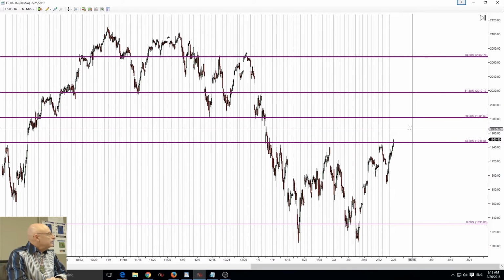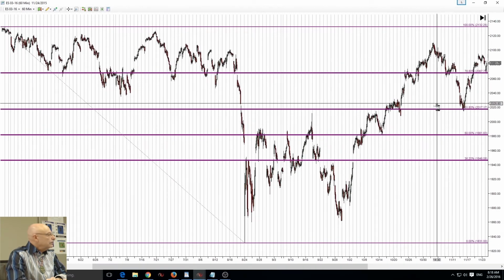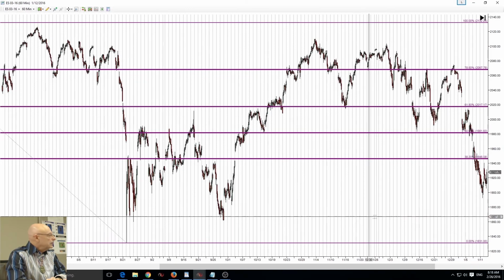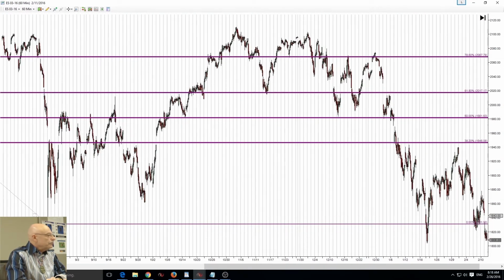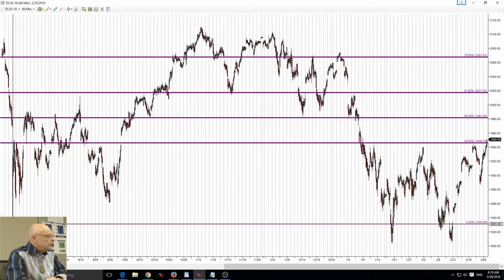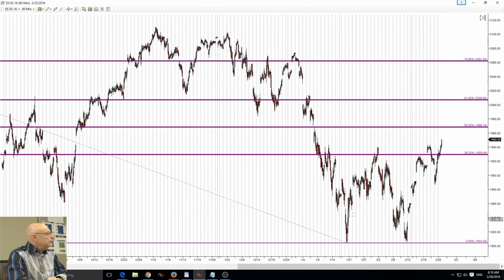So on ES, on a bigger scale, high to low, 1831, it was previous low. If we go into that low, then we have another setup.